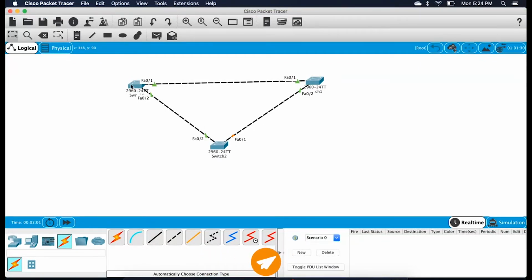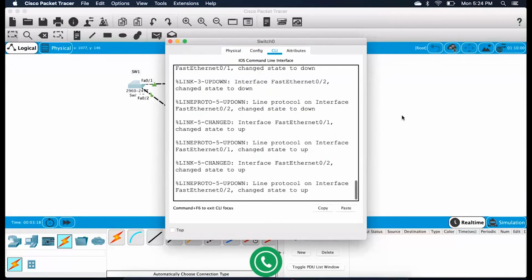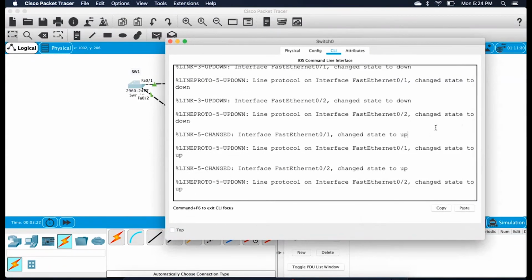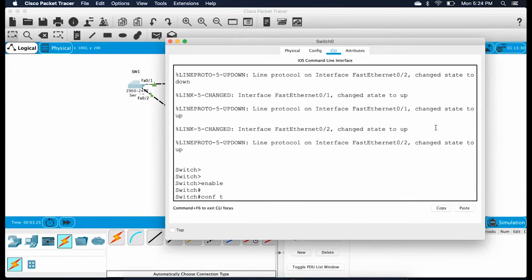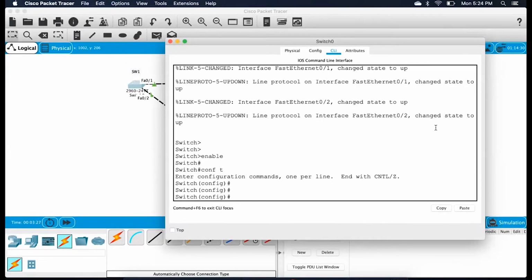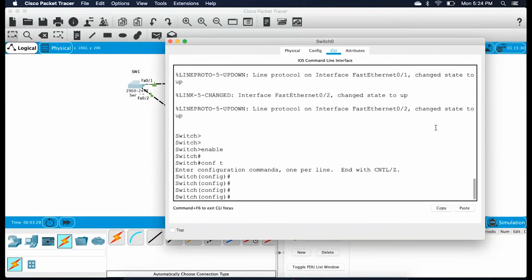Let's go to our switch 1. This is our switch 1, right? So I'll name it as switch 1. This one is acting as switch 2 and this one is acting as switch 3. Okay, so I will go on my switch 1 and go to the CLI and use enable and then conf t, and then you can just name this as hostname sw1.